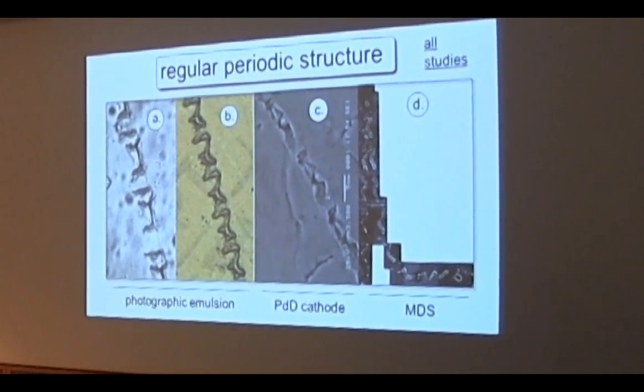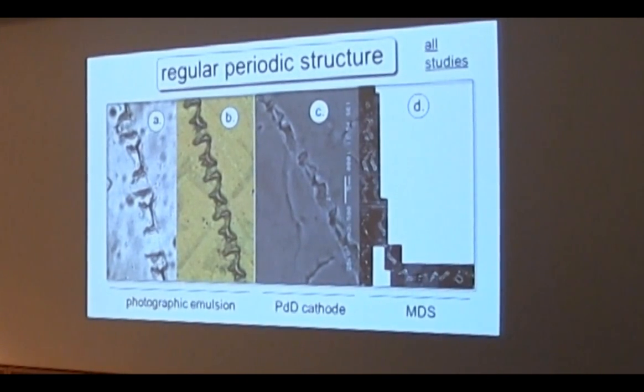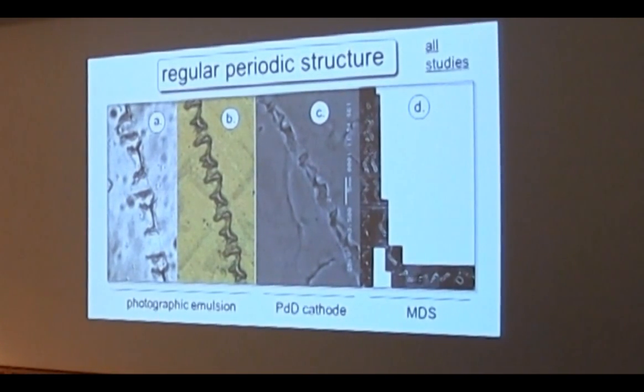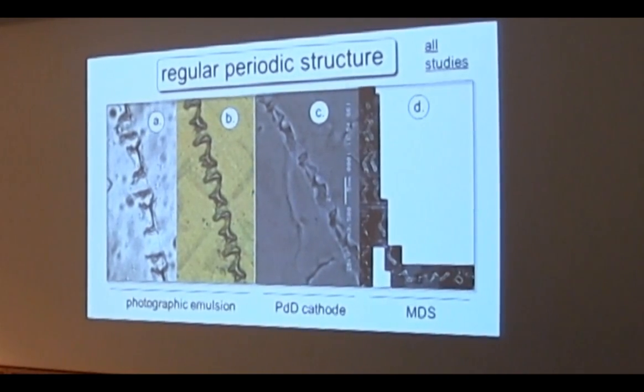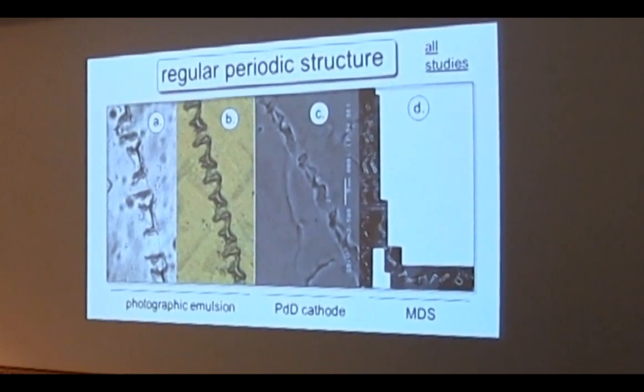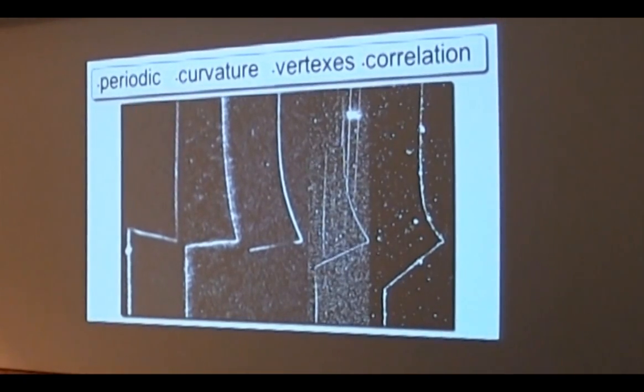Track C is a periodic track in palladium deuteride from Rodionov and Savvatimova. And D is a periodic track on MDS, a semiconductor detector, in Adamenko and Vysotsky.